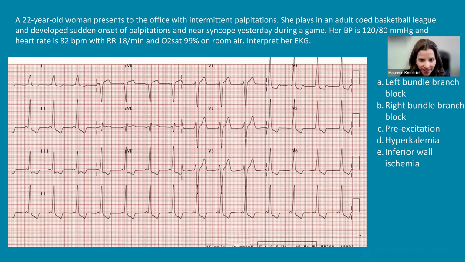You may not see it very often, but we've got a 22-year-old. So if you're looking at this EKG, the first thing you should think about is, oh, that doesn't match what I would expect from a 22-year-old. So you're already thinking something is off with this EKG. Then we've got someone with palpitations, near syncope occurring with activity. So to me, in electrophysiology, that brings to mind several things.